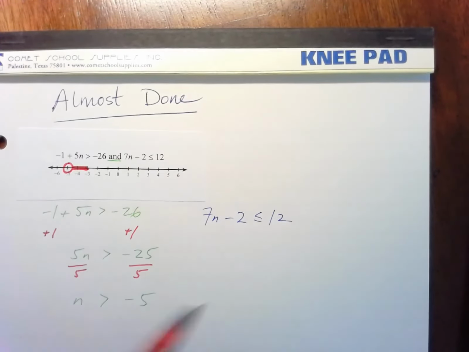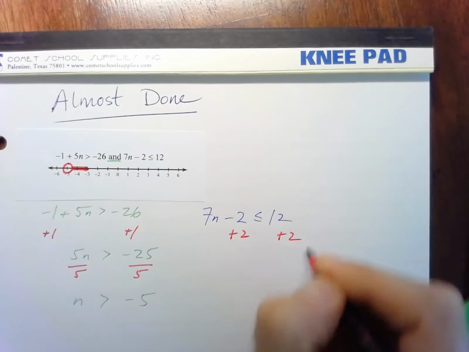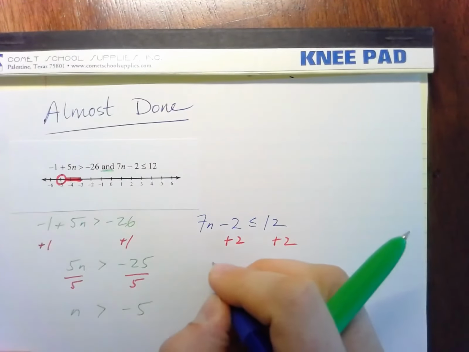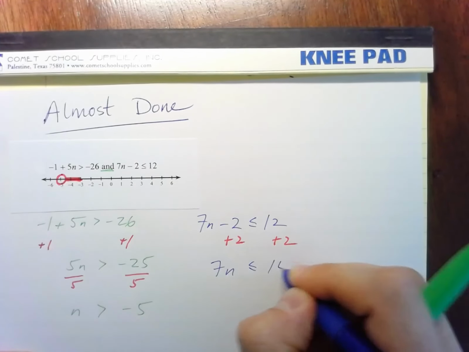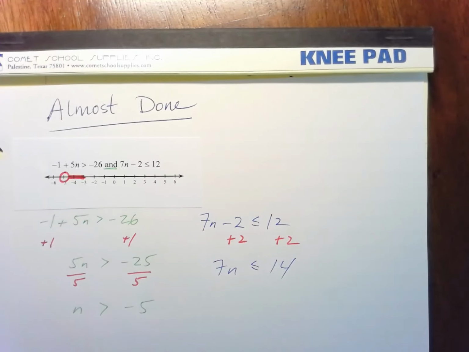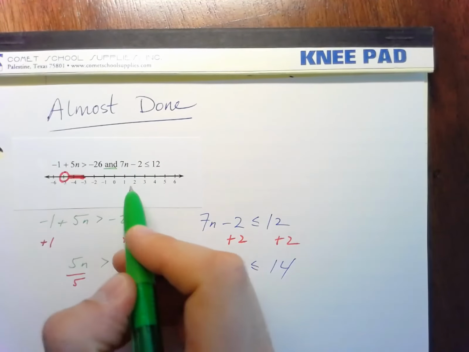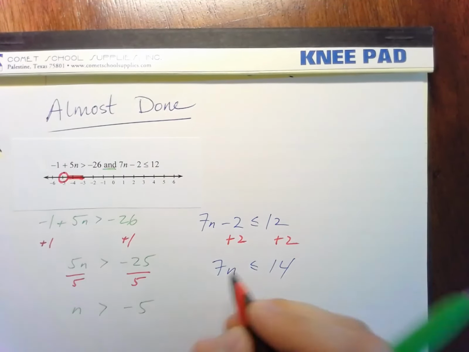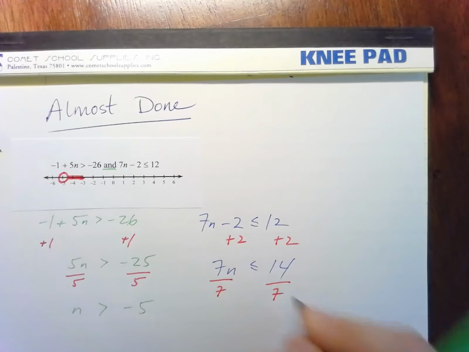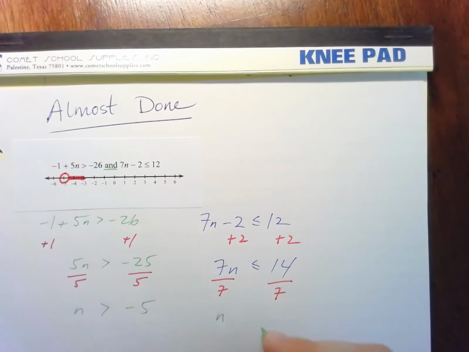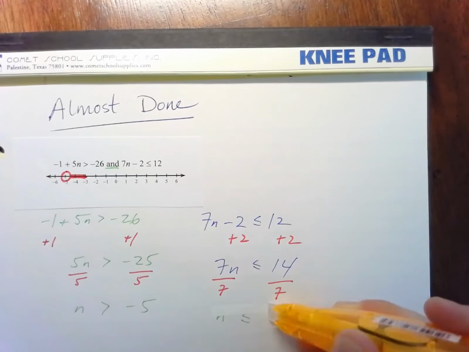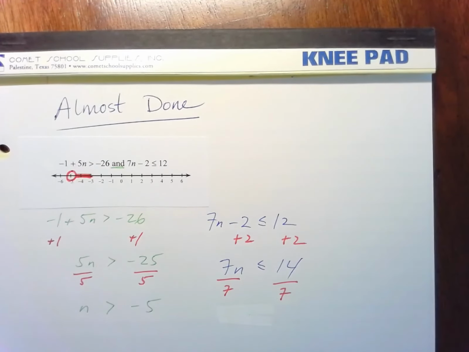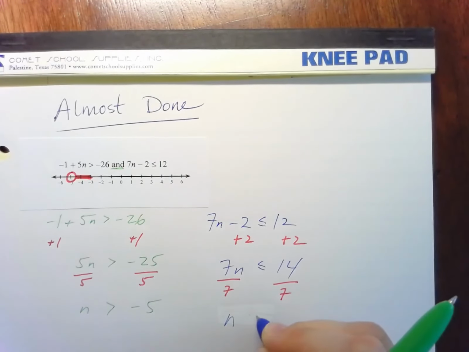Okay? So now let's add 2, balancing. We get 7n and 14. It's clear now that we're going to be stopping at this 2 right here, but we'll just finish it all out. So then n is less than or equal to 2.